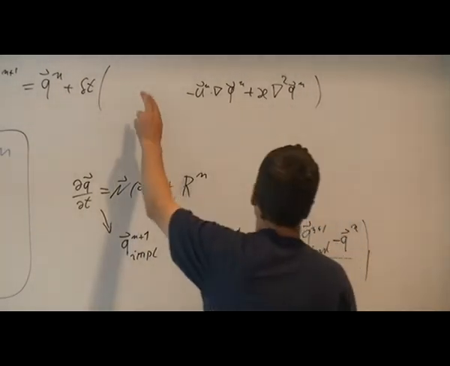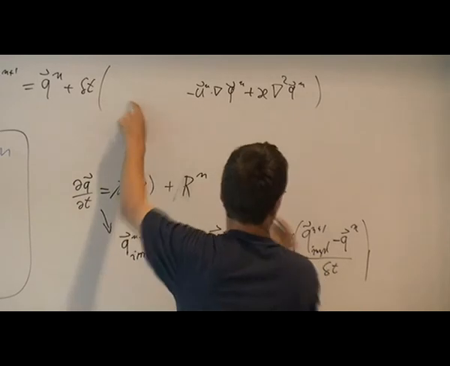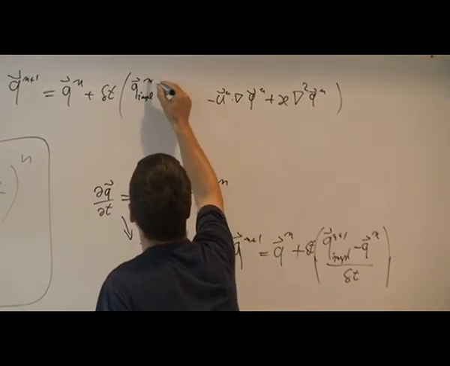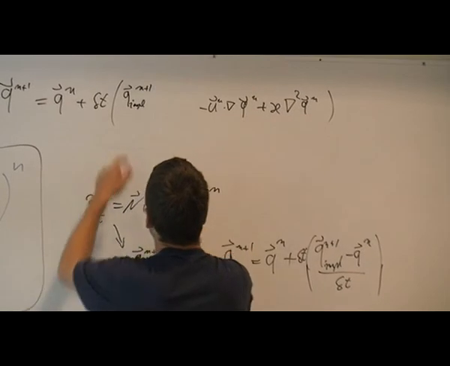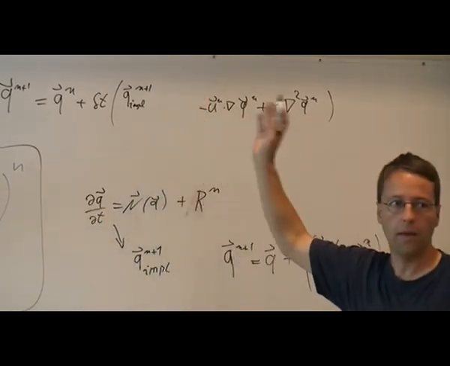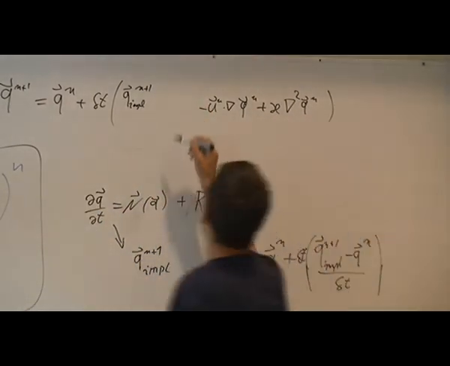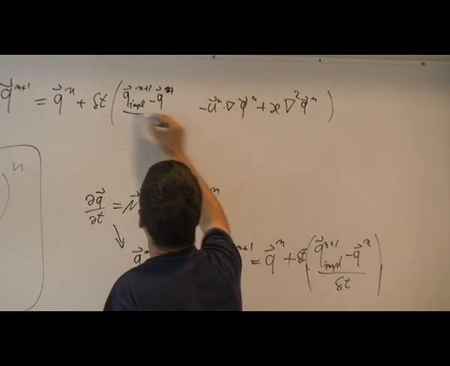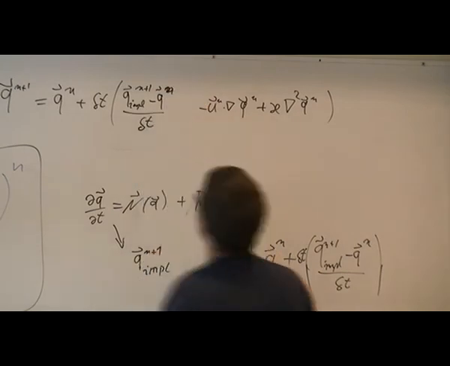So the expression we get at that point here would be Q implicit n plus 1, the new value we obtain from the implicit solver, minus Q n divided by delta t.